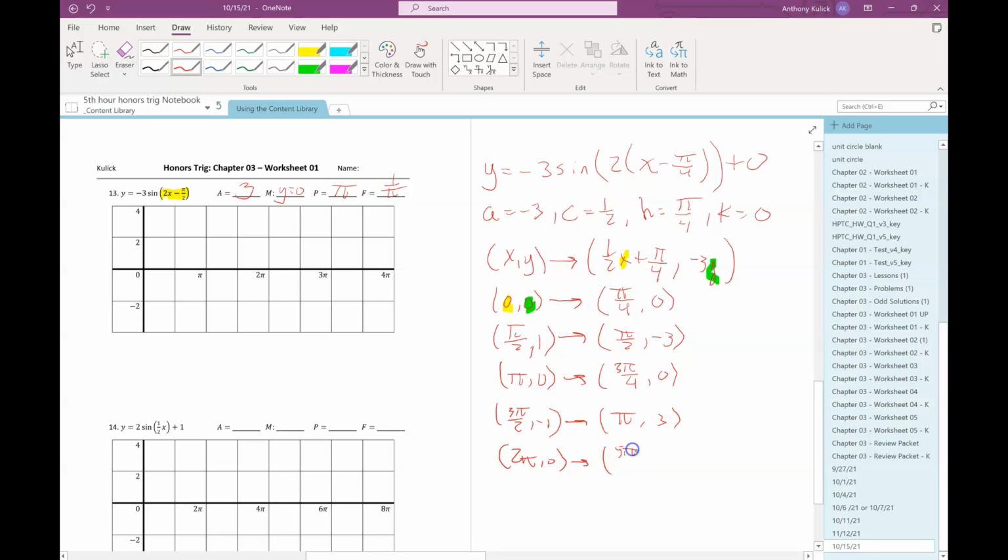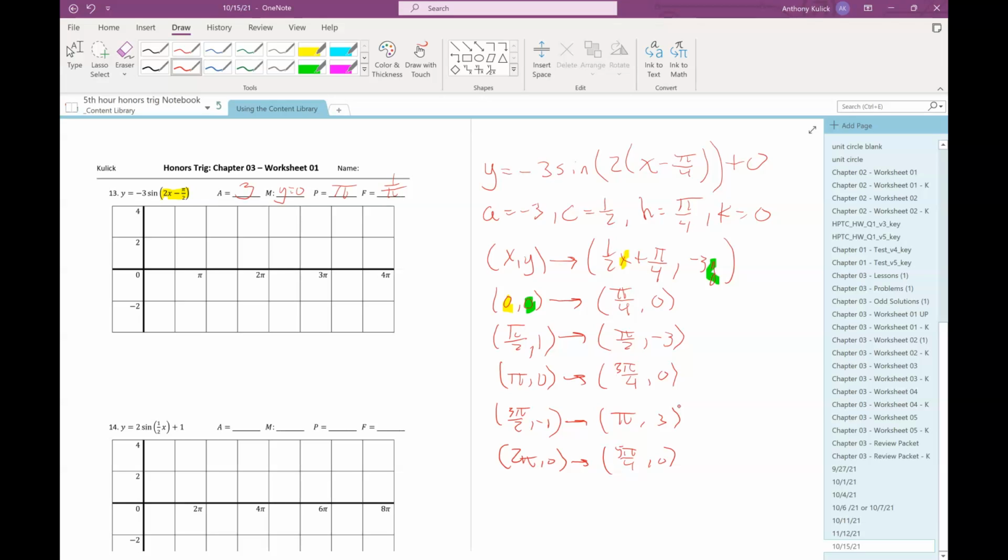And then 5 pi over 4, 0. Again, I'm just doing that arithmetic in my head, so I'm adding fractions and doing all that nonsense. Are you cool with that, Peyton, or do we need to go slowly through something like that? No, I'm good with that. Okay. You'd be surprised. Sometimes fractions cause all kinds of nightmares for people.